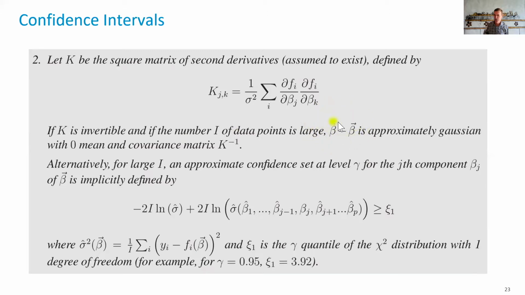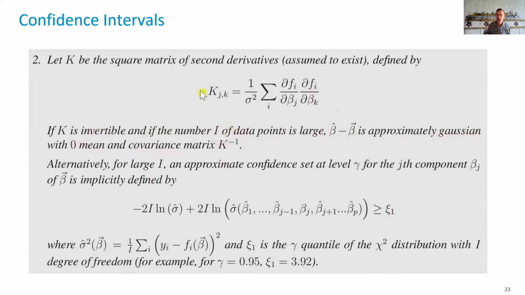The difference between the true but unknown vector and the estimated vector, so both of them are multiple coordinates in general, is approximately Gaussian. Now it's a Gaussian vector, which means that we need to specify its mean. So it's zero mean, which is as expected. And the covariance matrix is given by this formula.